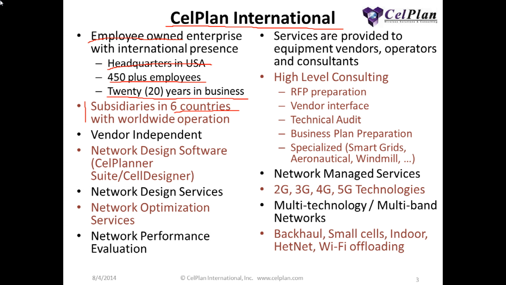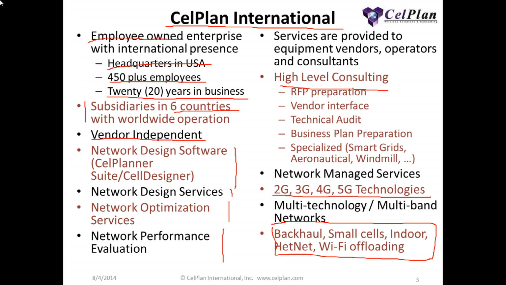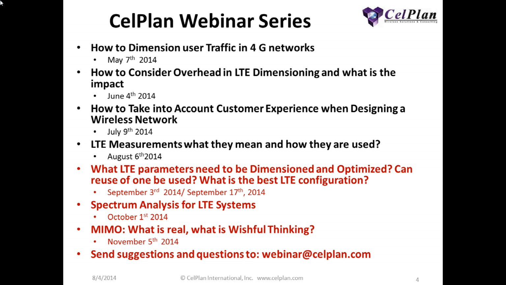We are totally vendor independent. We provide network design software, design services, optimization, performance evaluation, high-level consulting, and so on. And we support all the different technologies, including some hard-to-crack issues we are generally called to help people with.